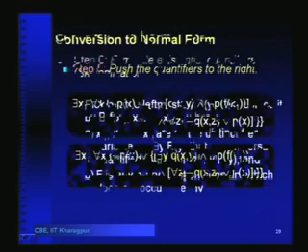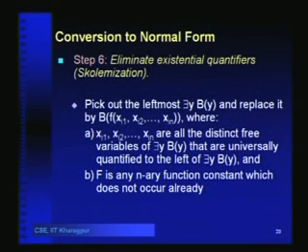Then this is an important step. Eliminate the existential quantifiers using skolemization. We had briefly seen what we mean by skolemization. We replace an existentially quantified variable by some ground term in order to get rid of the existential quantifier, but we can do it with only something which is not there in the knowledge base at the moment.